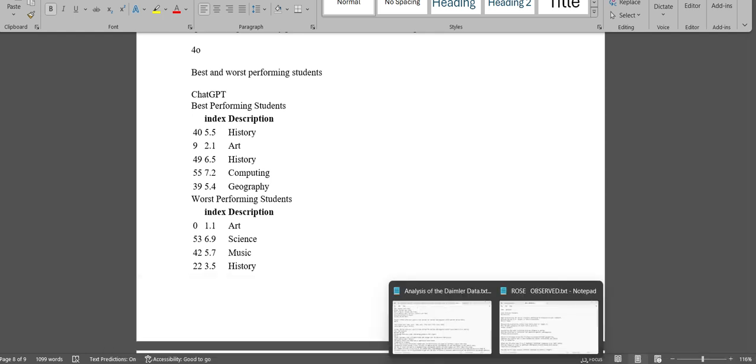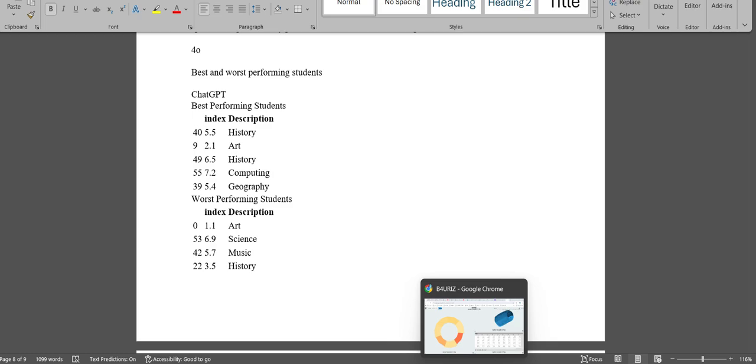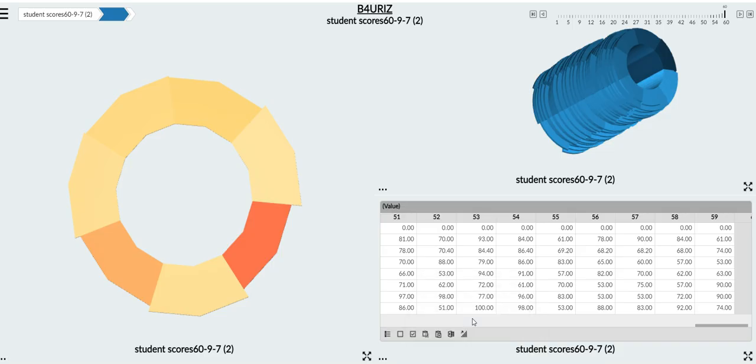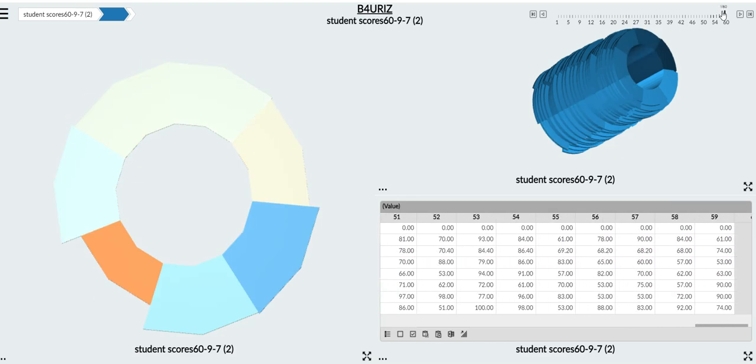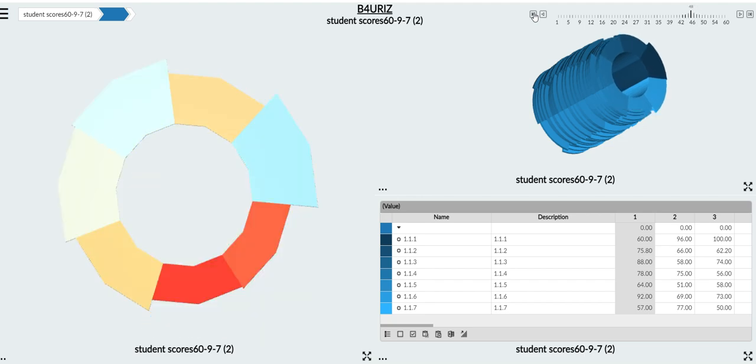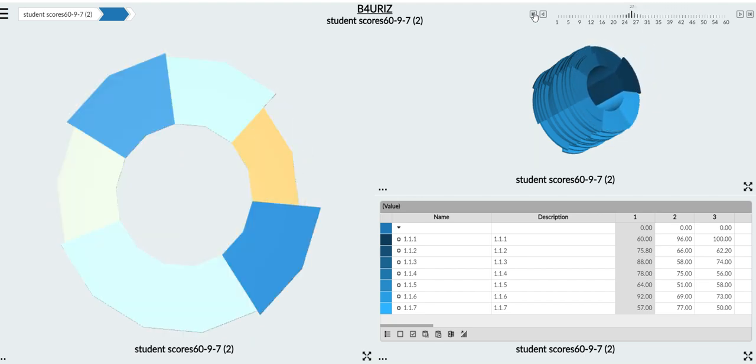In doing that, I've produced a number of visual frameworks, and I'll start at this simple level. Here we have the 60 students, as you can see in the top right hand corner, and we can view them relative to the performance.